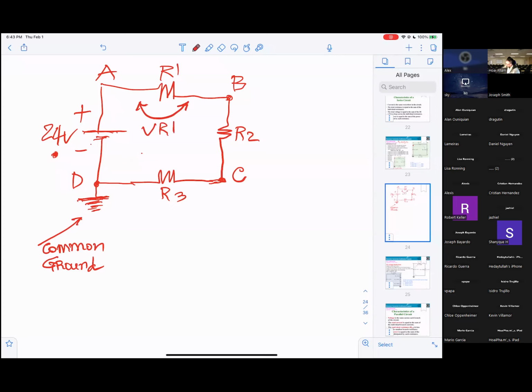By definition, VR1 means the voltage from A to B, correct? Correct. That means equal VAB, and that will be the same as VA minus VB.